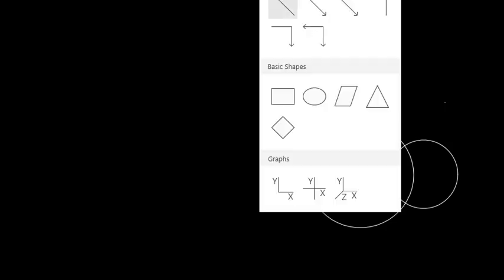Okay. These are the two circles. Now I have to prove that there is a common chord. Okay, so I will join this point. This is a common chord AB.